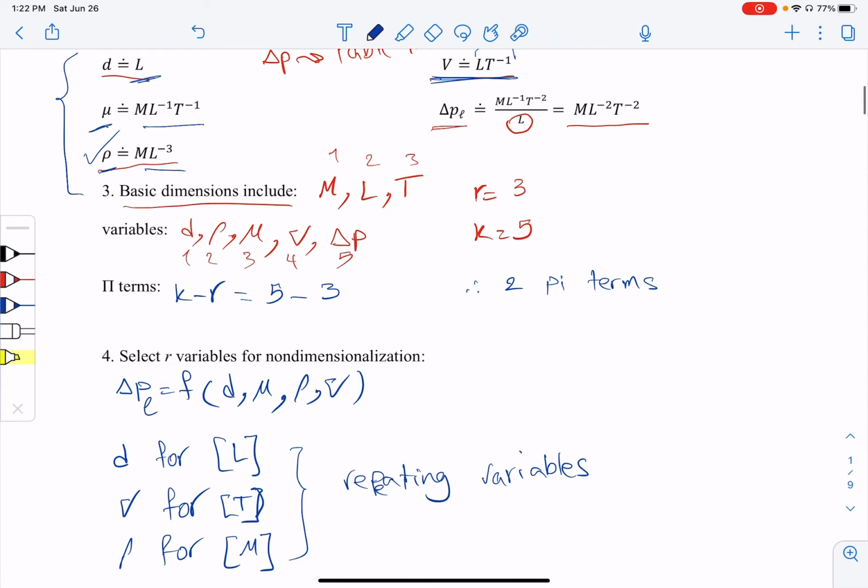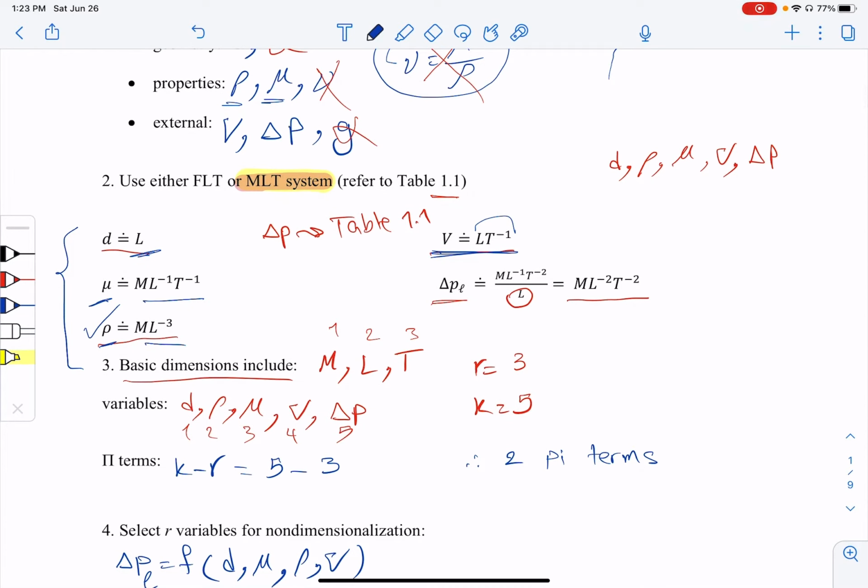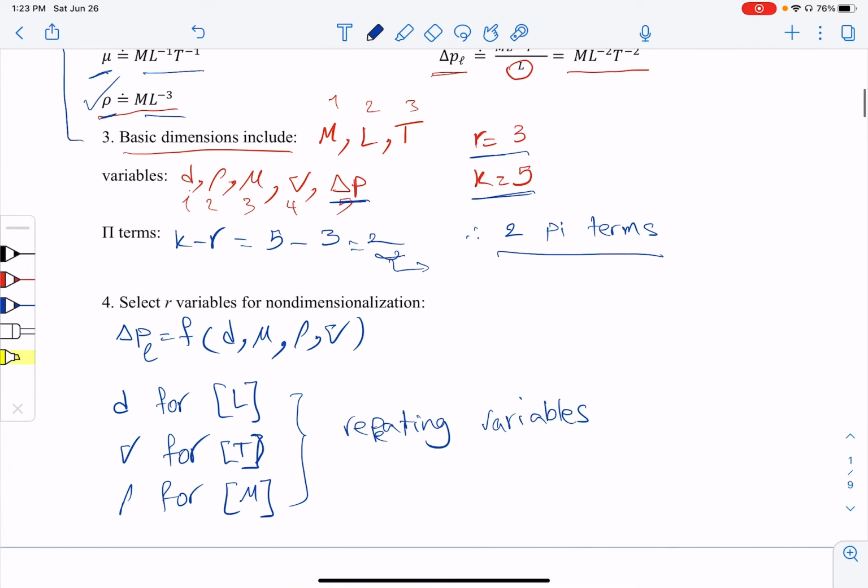So now we need to count all of the variables that we have, even the one that is said that del P depends on, for example, diameter, density, and this. We need to count that one as well. So here we have 1, 2, 3, 4, and 5 variables. Then it means that K is 5 and R is 3. So from here, if we subtract R from K, we get the number 2. And this 2 is the number of the pi terms that we're going to have.